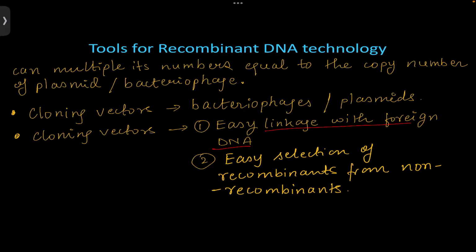Next, it should allow easy selection of recombinants from non-recombinants. Since this process is not visible to the naked eye, you need particular assays to make sure whether your host cell, in which you have introduced your recombinant DNA, actually contains it or not.